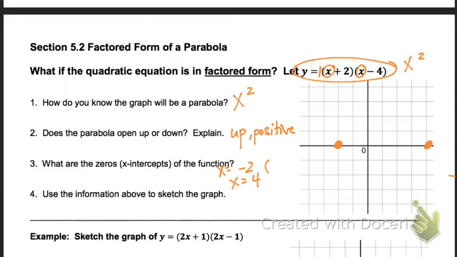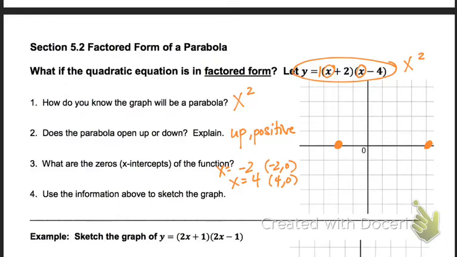What would those ordered pairs be? Good. And why would you just swap the signs? Because you're setting each parenthesis equal to 0. Remember solving in the last unit? You just take that and do -2, so x is equal to -2.